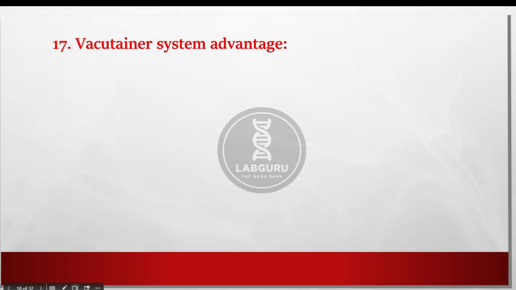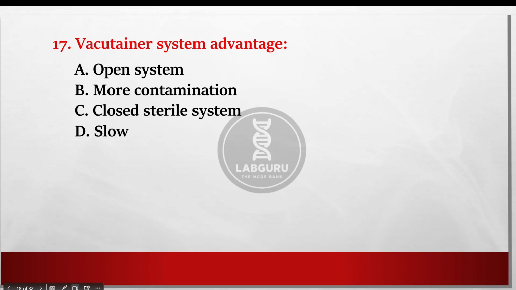Question number 17. Vacuum system advantage. What is the advantage of vacuum system? Option A, it is an open system. Option B, it's more contamination. Option C, it is a closed and sterile system. Option D is it is slow. What is the use of the vacuum system?